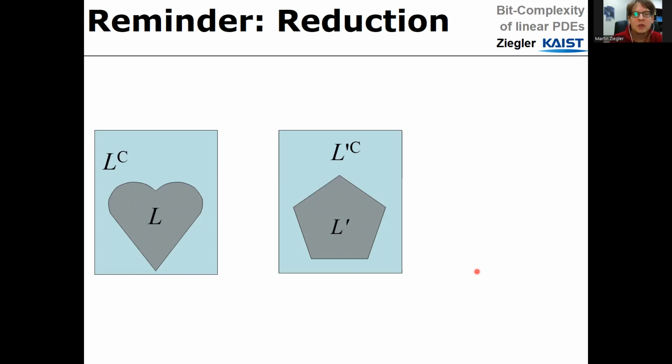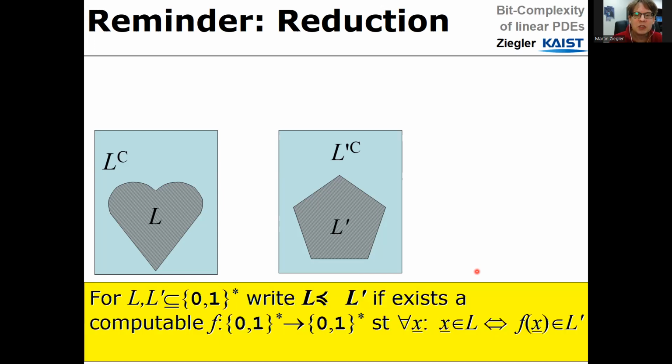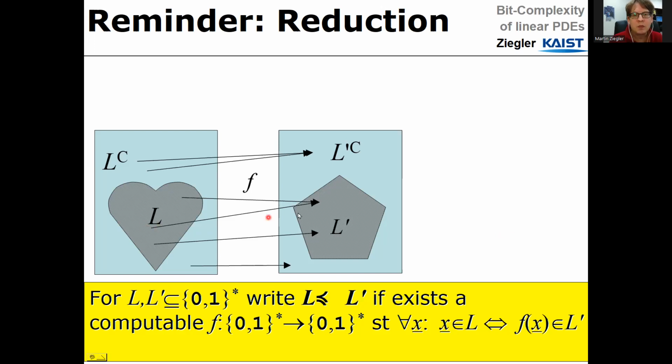Still, we are able to compare the intrinsic computational complexity by the notion of a reduction. And this notion of a reduction actually dates back to Tarski, in the computable, decidable reduction. A reduction is a total function from finite binary strings to finite binary strings that translates positive instances to positive instances and negative instances to negative instances.